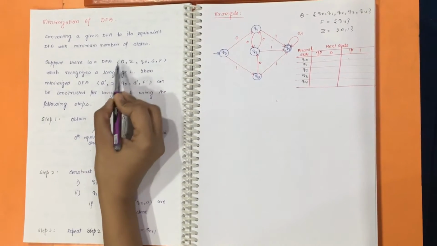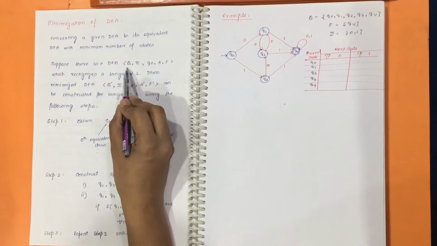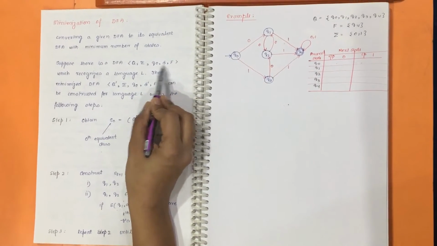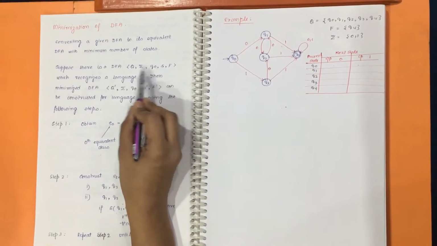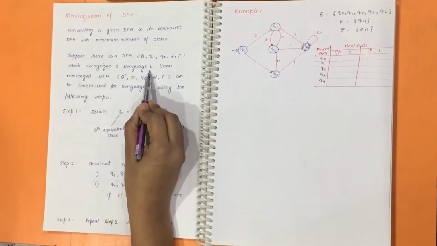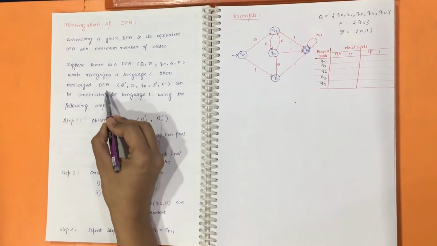Now suppose we have an original DFA, that is Q, sigma, Q naught, delta and F. It is defined using this tuple, and this DFA recognizes language capital L. Our task is to minimize this DFA to this DFA.